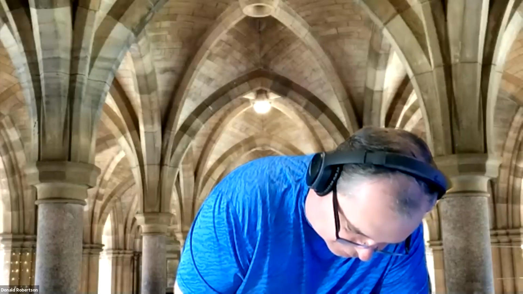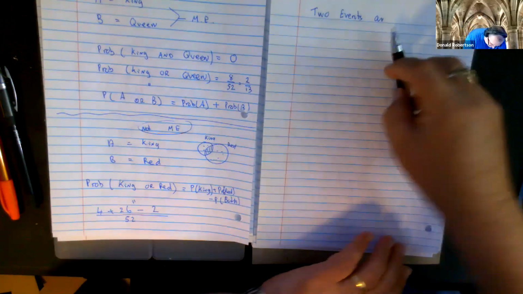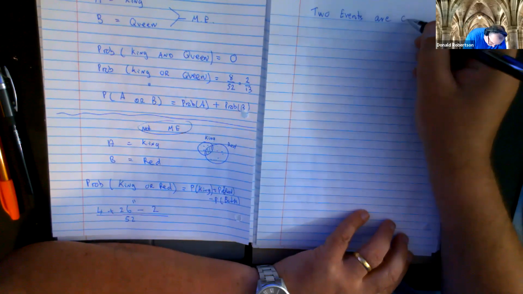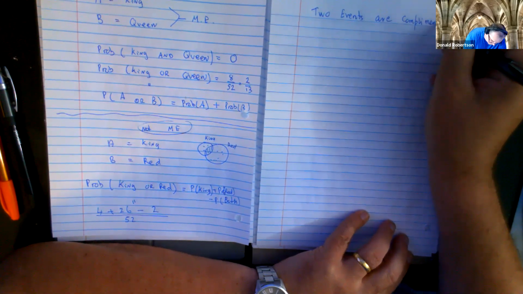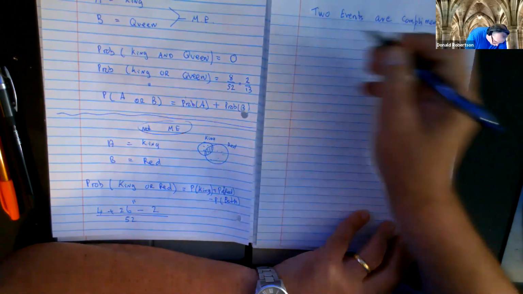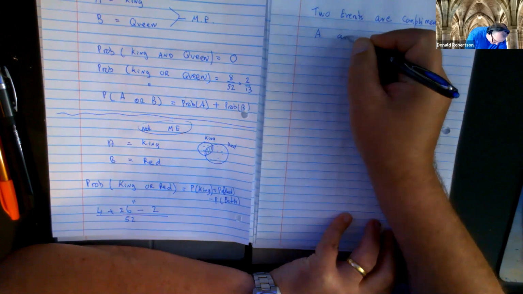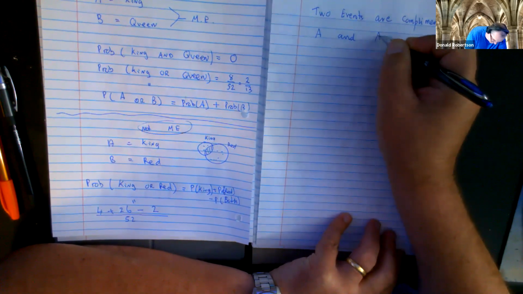Okay. So let's show you. We'll use cards again because they're a good situation. 2 events are complementary. We'll call them A and AC.